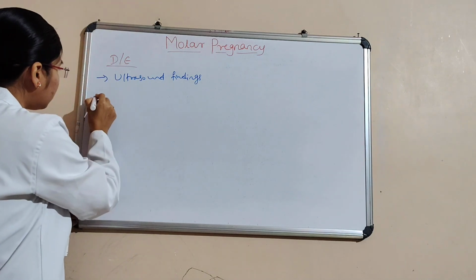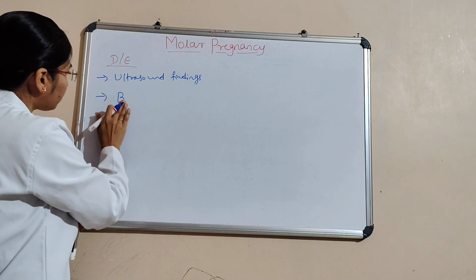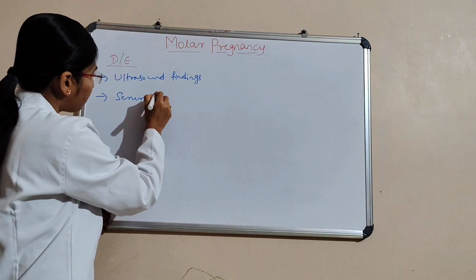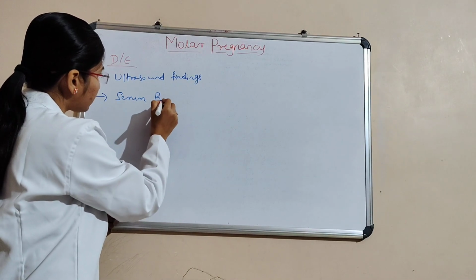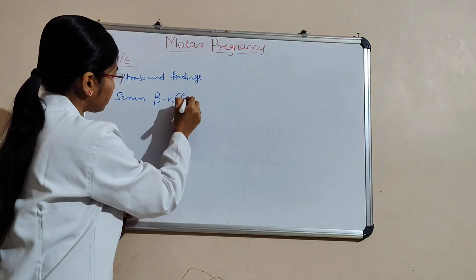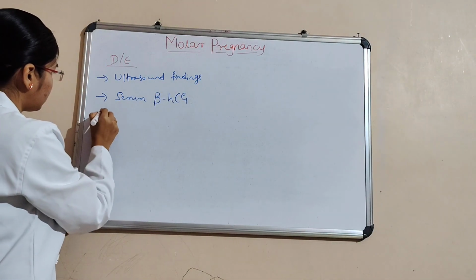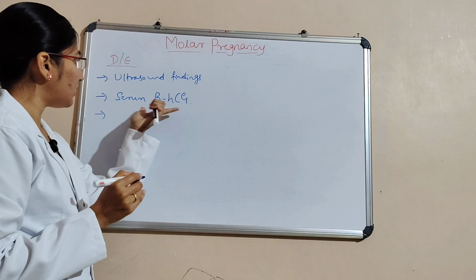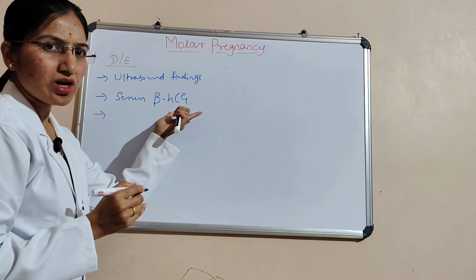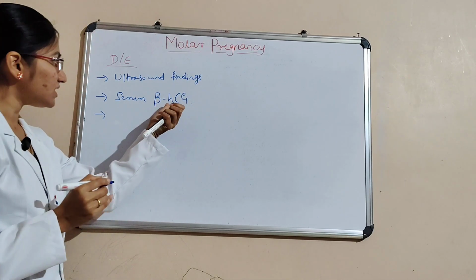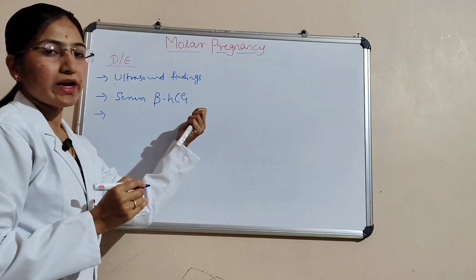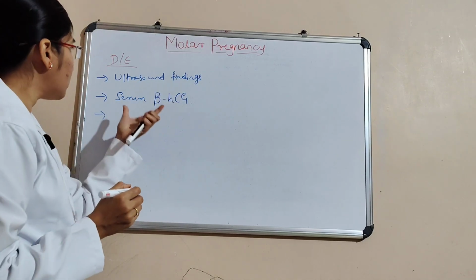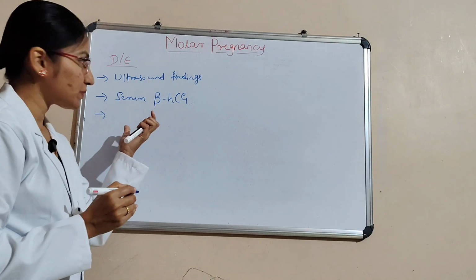And then serum beta HCG. They are going to perform this test to know the elevated level of human chorionic gonadotrophin for the molar pregnancy.